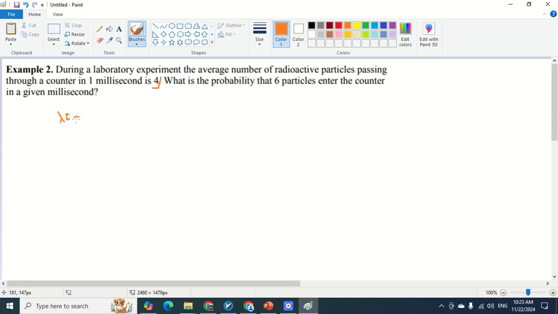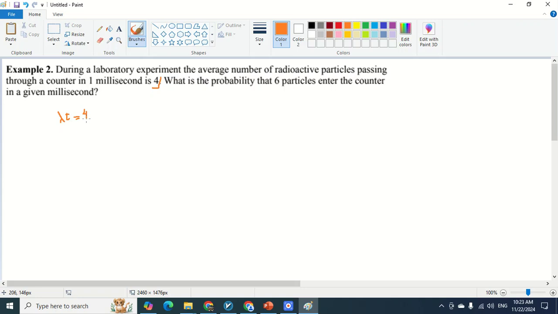You should pay attention to this type of question, where we have a small amount of information. We have the average of the occurrence, given by 4 particles passing through the counter in 1 millisecond.